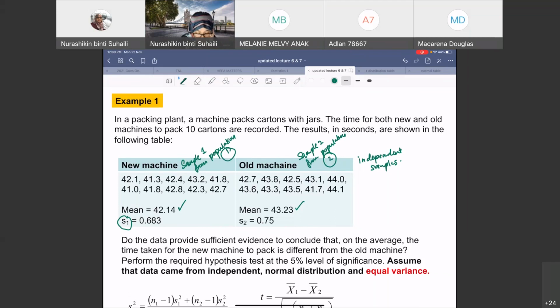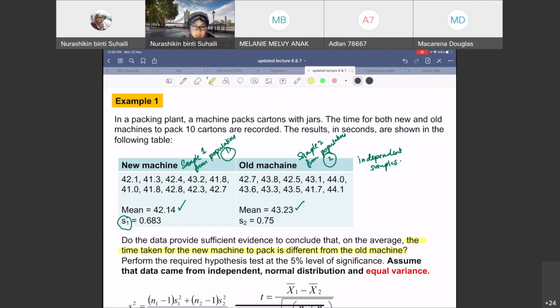Do the data provide sufficient evidence to conclude that on the average, the time taken for the new machine to pack is different from the old machine? When you read the sentence of the problem, make sure you read carefully, and try to see what's the focus of the question, because it's different from one problem to another.